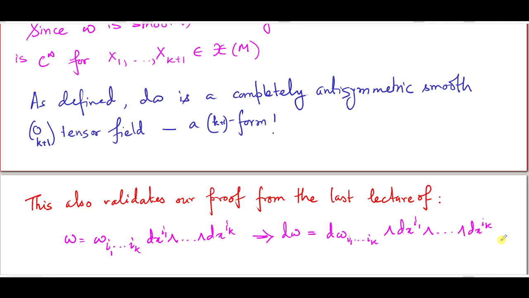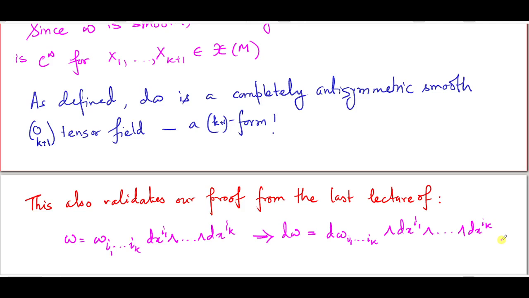Now this result was proven in the last lecture under the assumption that d omega really is a k+1 form, and today's proof of that fact gives validity to the proof that we did in the last lecture.